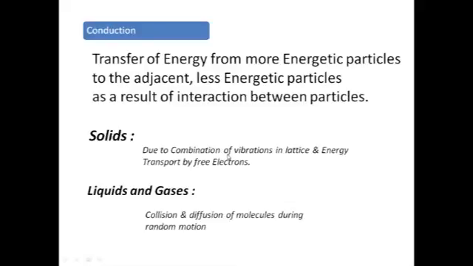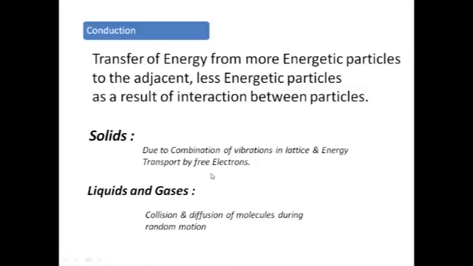free electrons. The lattice component of thermal conductivity strongly depends on the way the molecules are arranged, and the transport by free electrons is in the outermost shell of the orbit.